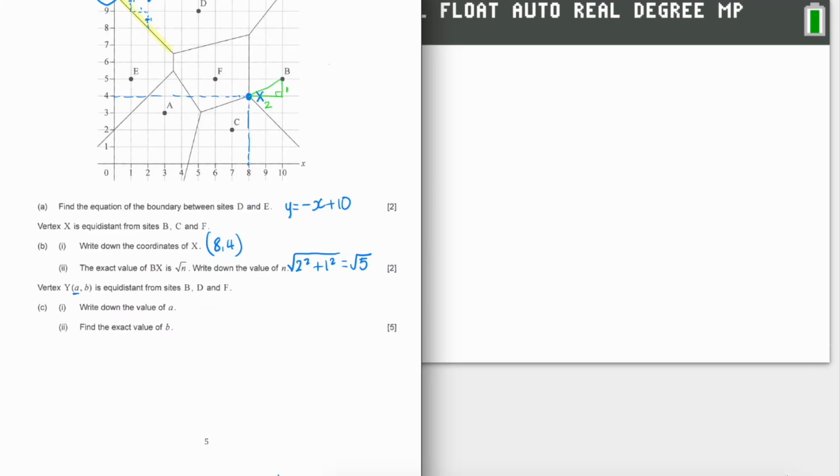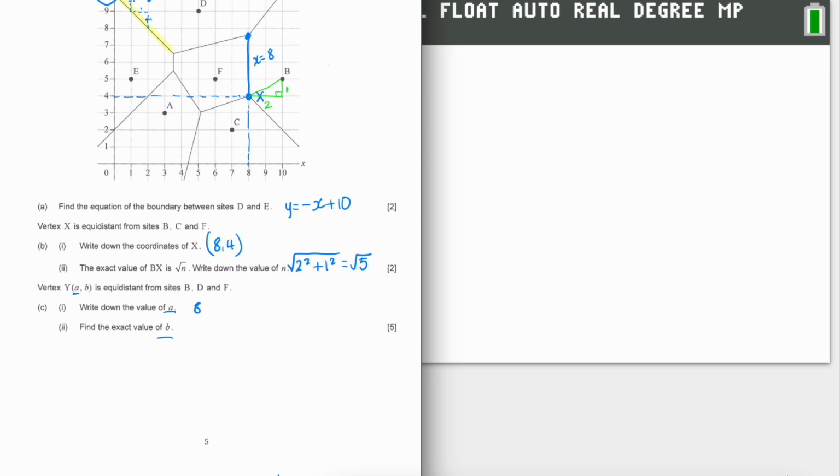This question is asking us to find the coordinates of Y, so part A and part B, which is the point that's equal distance between D, F and B. So we know that this line here is x equals 8, and therefore we know that the x coordinate, or A as they've called it, is 8. But we don't know the y coordinate.